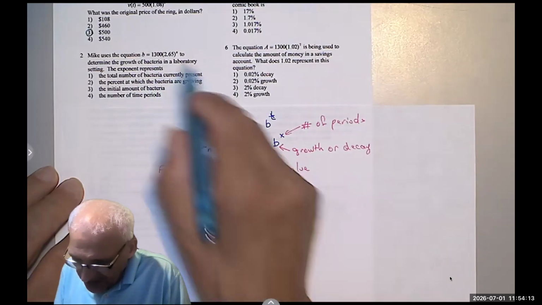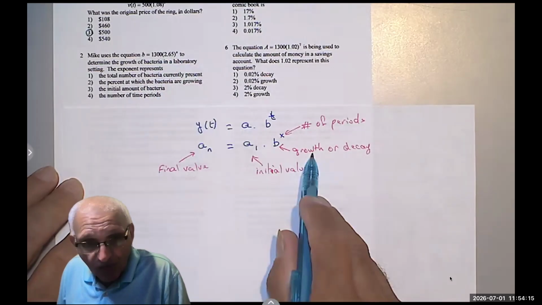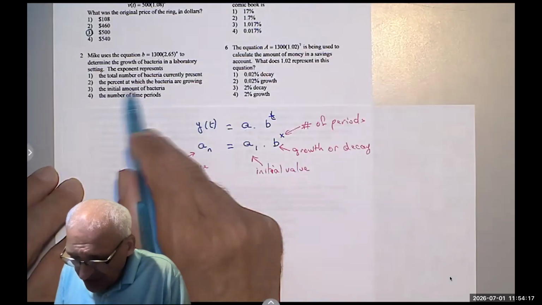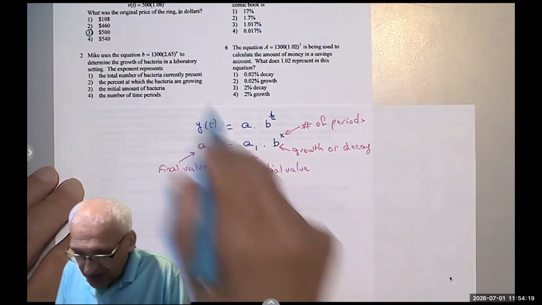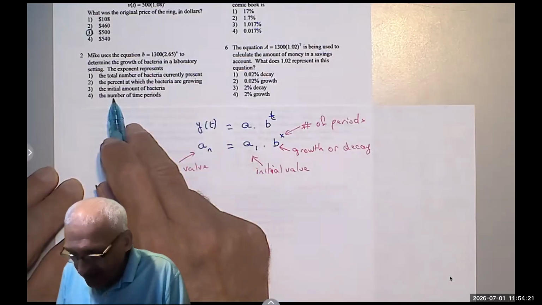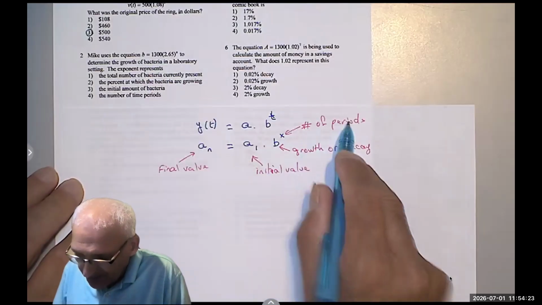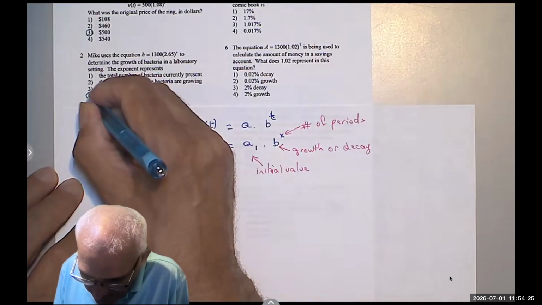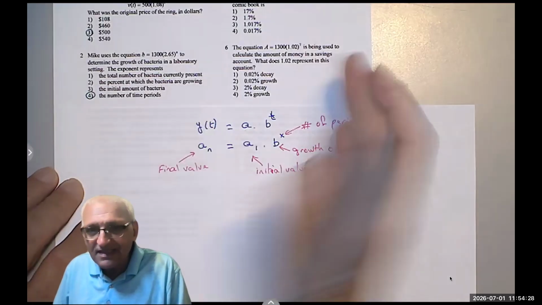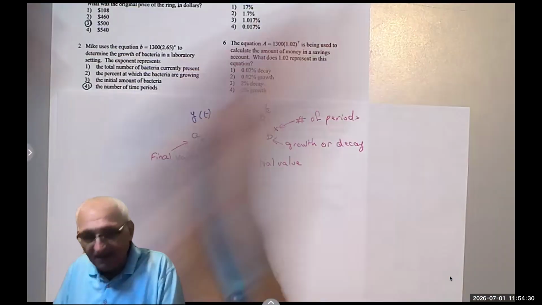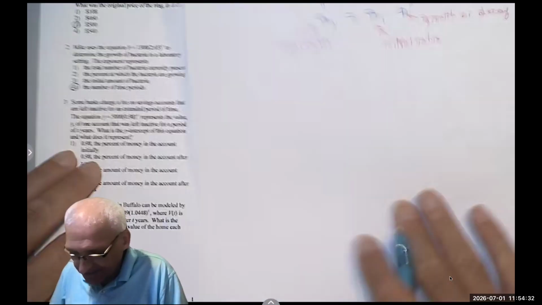No, the percent would be this guy. That's the growth or decay. Initial amount of bacteria? No, the initial amount is 1300. So definitely it is the number of time periods. Yes, number of periods is x. So once you see that, you're just identifying what each part means.